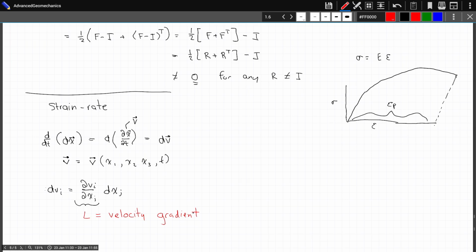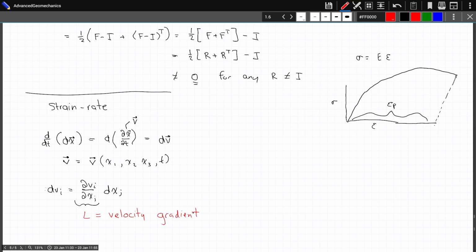Pretty much most people follow this notation, which is a good thing because it makes reading papers easier. If you glance at a paper and realize quickly that they're using the common Malvern notation, then you don't always have to go back and read the nomenclature. The F, the L, the big X, the little x, all of that comes from Malvern, and the vast majority of papers out there follow that. Okay? So that thing's called the velocity gradient.